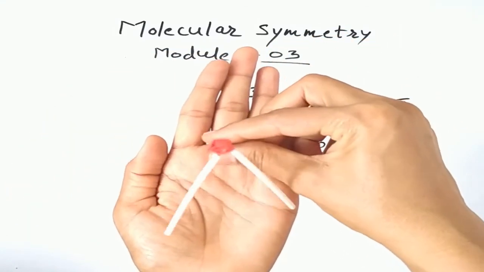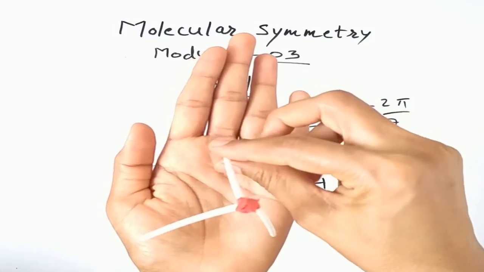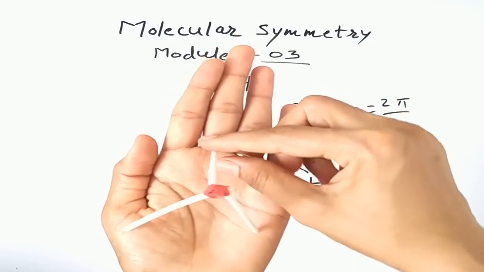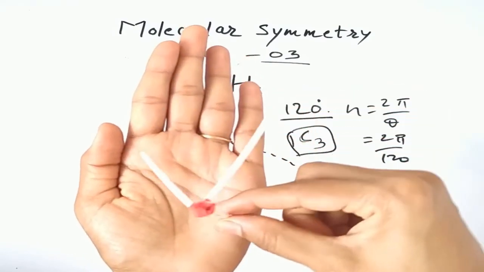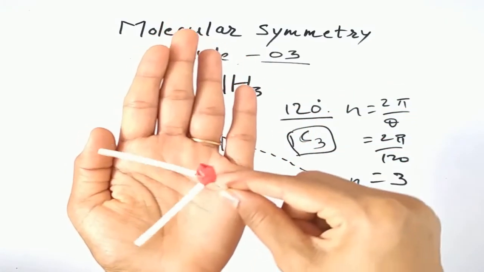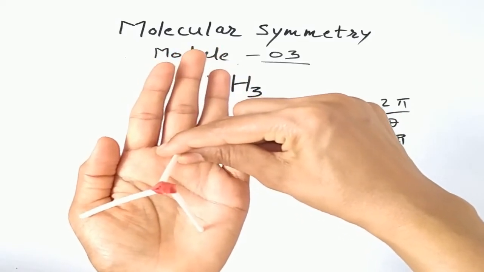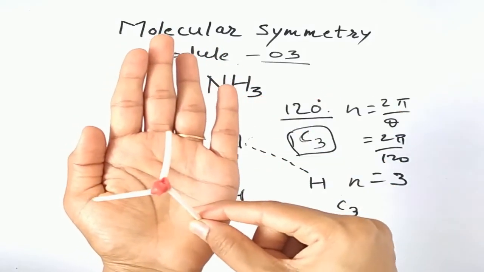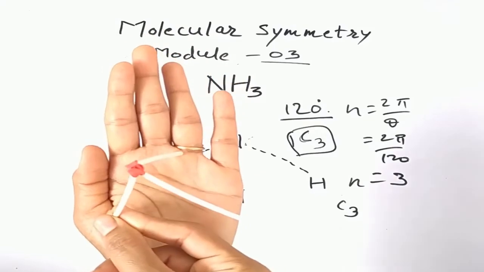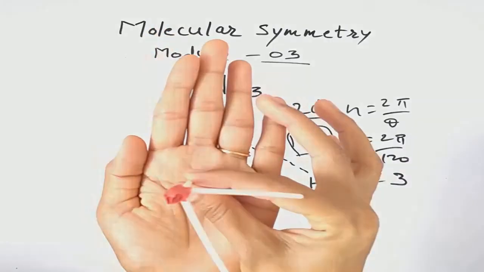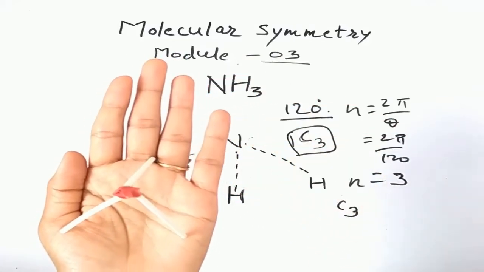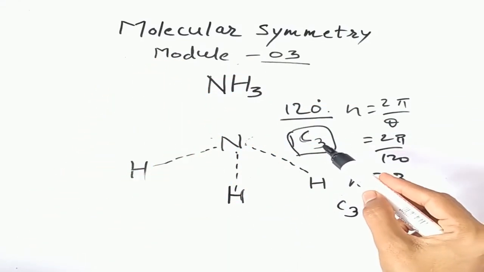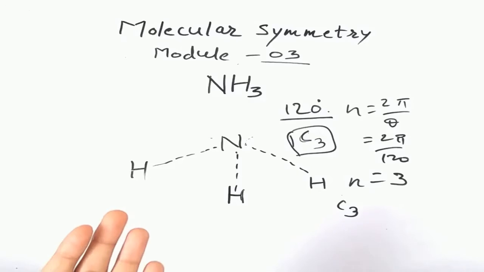I am holding only H1, and to get the original position of H1, how many times have you rotated? 3 times. See, 1, 2 and 3. Hence, the fold of rotation is C3 for ammonia.